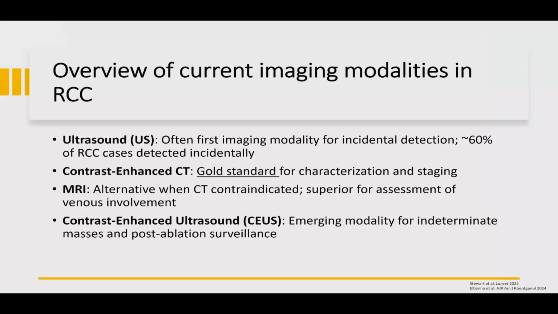MRI is often used as an alternative when CT is either contraindicated or we need really good assessment of venous involvement. Finally, contrast-enhanced ultrasound is a newer or emerging modality that has been utilized in the assessment of indeterminate lesions on conventional imaging, as well as post-ablation surveillance.